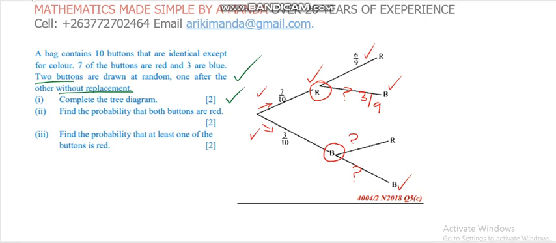If the first one is blue and this blue button has been set aside, it means we no longer have 3 blue buttons, but we now have 2. So the probability of getting a second one being a blue button is 2/9.